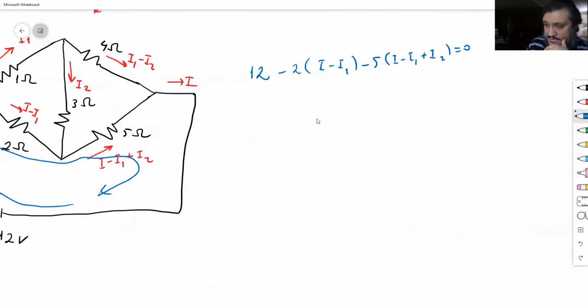Rule number 1, battery. If you're traveling from left to right, delta V is a positive number. If you're traveling from right to left, delta V will be a negative number.